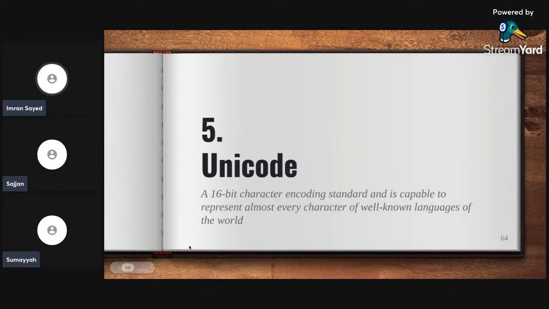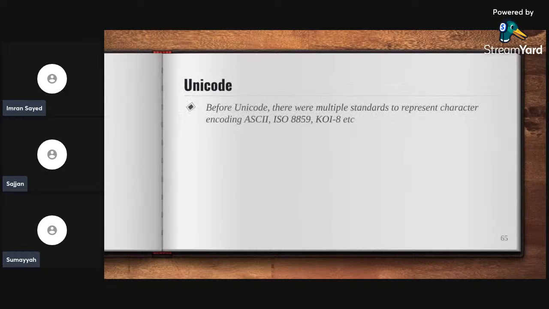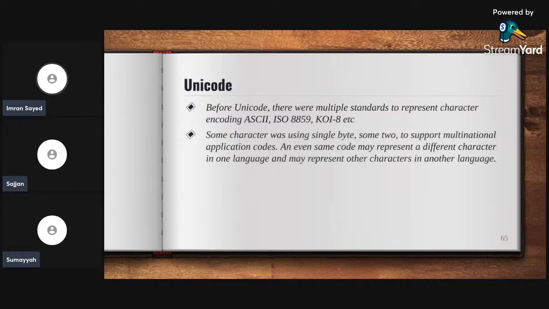Okay, Unicode: a 16-bit character encoding standard, capable of representing almost every character of well-known languages of the world. Before Unicode, there were multiple standards to represent character encoding: ASCII, ISO, KOI, etc. Some characters were using a single byte, some two, to support multinational application codes.